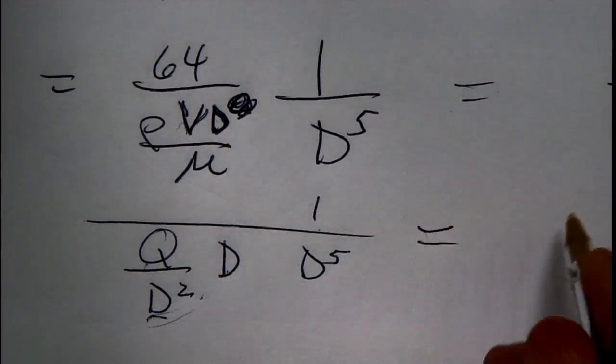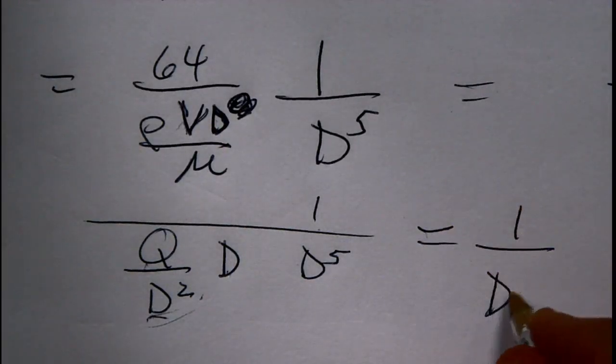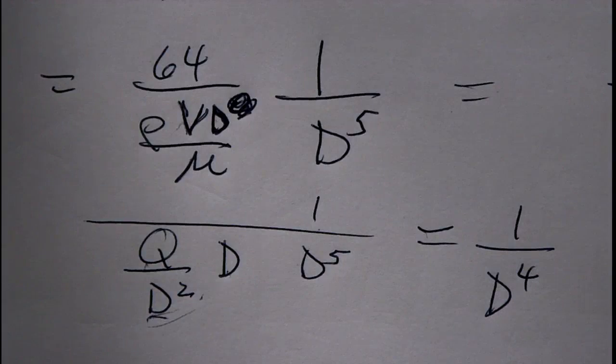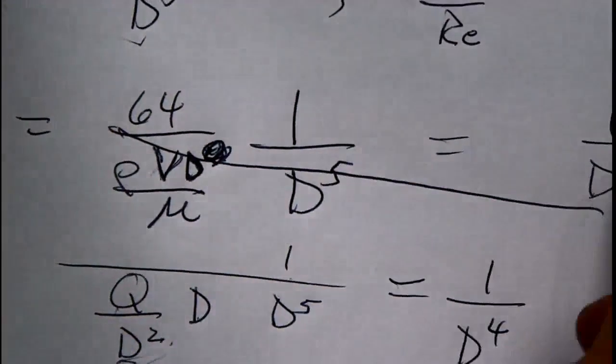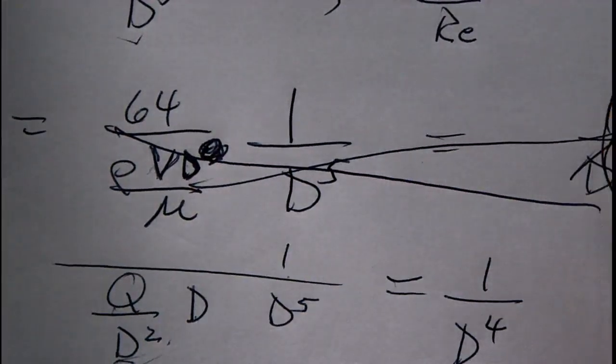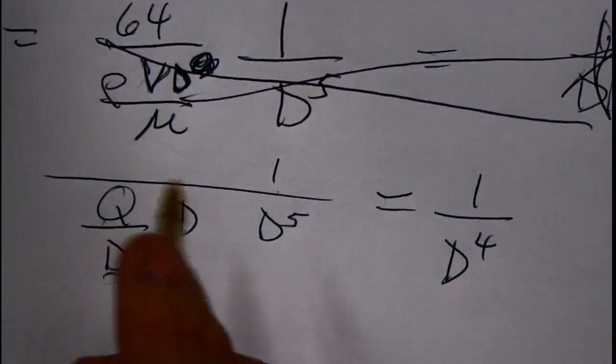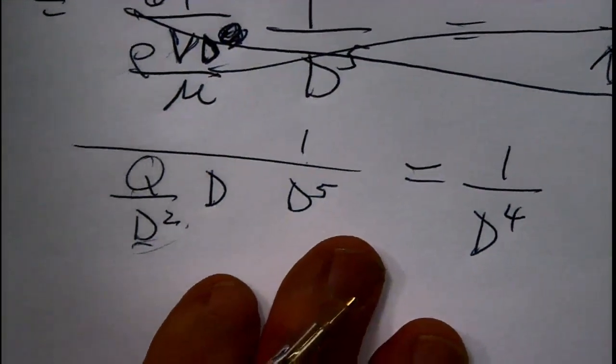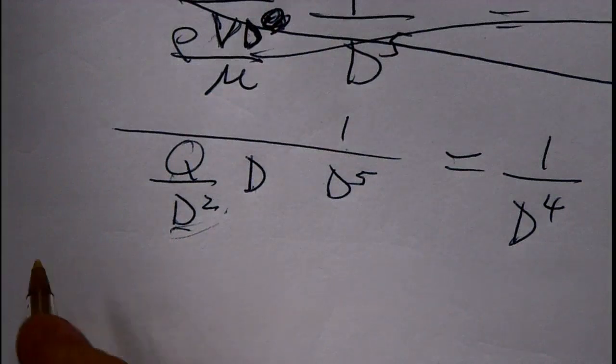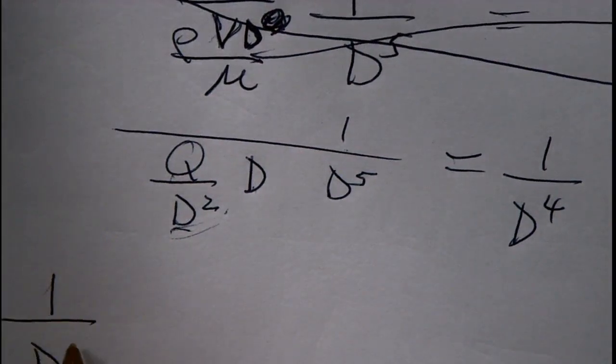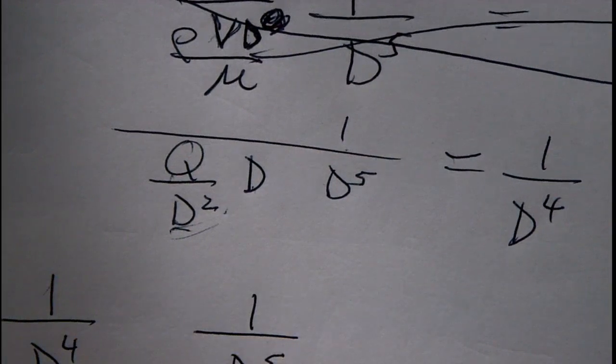So actually what happens in laminar flow, I have it varying as D to the 5th. This is wrong, obviously. In laminar flow, which is actually beneficial for us, we have 1 over D to the 4th, whereas in turbulent flow it's 1 over D to the 5th pressure drop.